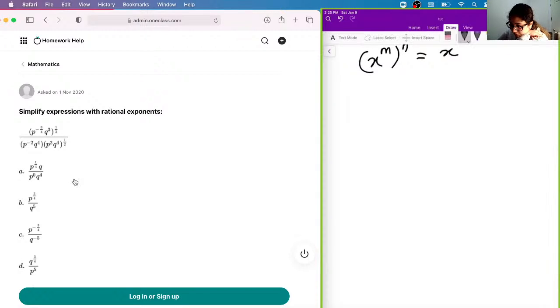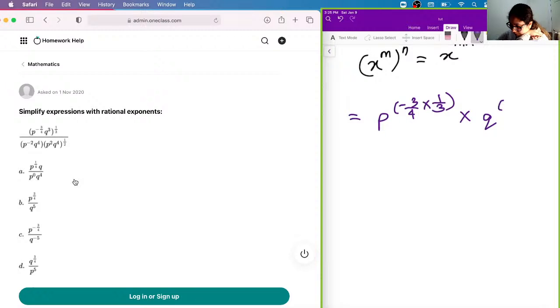So this will equal p to the power of negative 3 over 4 times 1 over 3, times q to the power of 3 times 1 over 3.